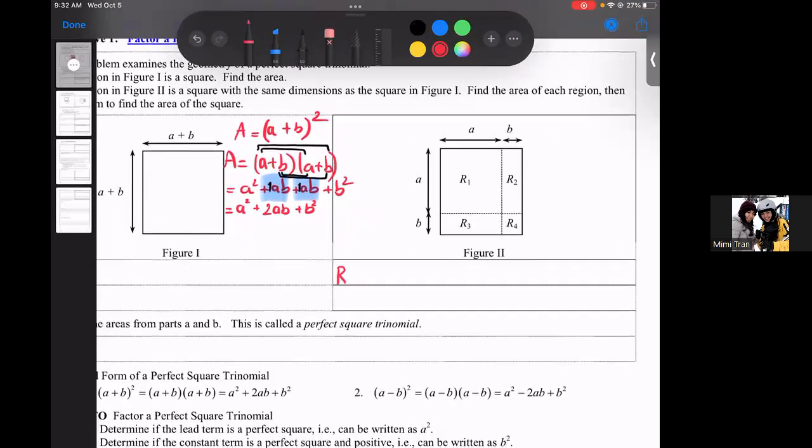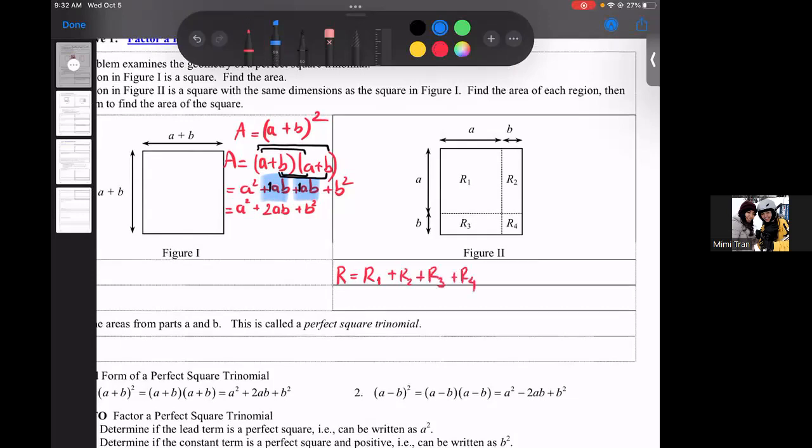I want big R. Big R is equal to, in order to find the big area, I have to sum up all the little areas: R1, R2, R3, R4. So the big R is equal to R1 plus R2 plus R3 plus R4.